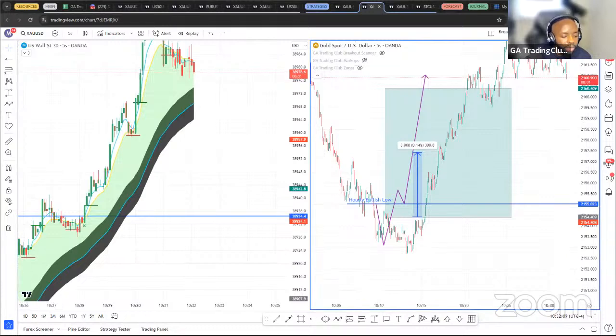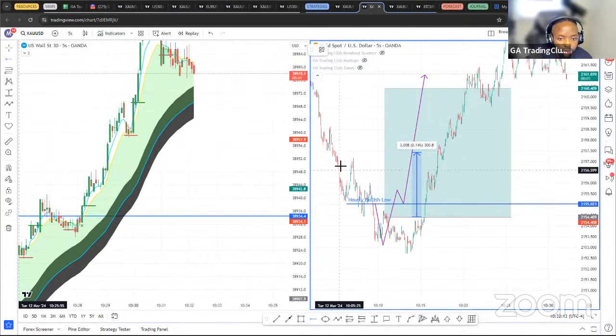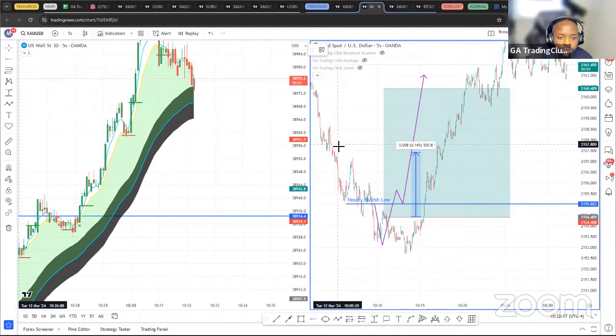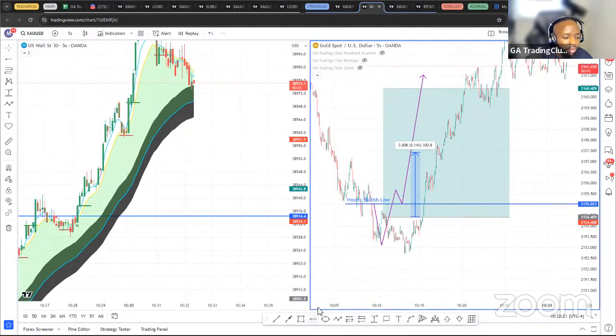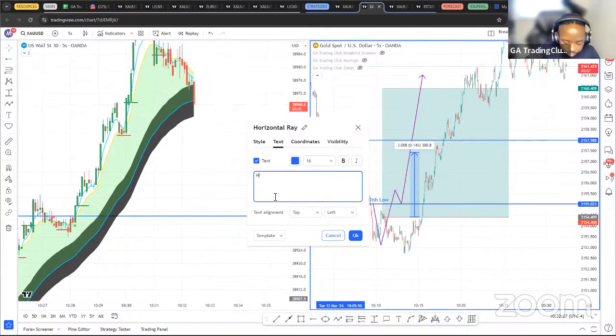So let me put that 2157.9 here for now. Okay, so this is your hourly bullish high.